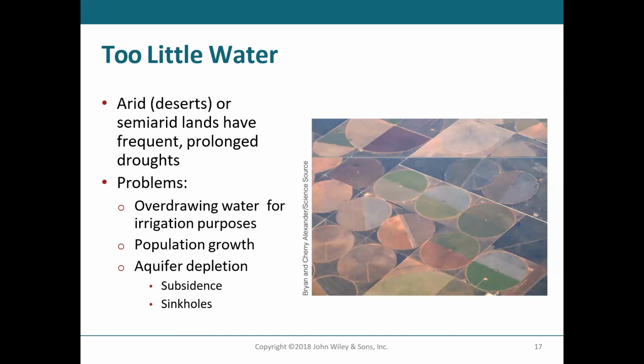Also, there are areas that don't receive enough rainfall to replenish their aquifers. And what happens is that the land subsidence can collapse into sinkholes and really just degrade overall.